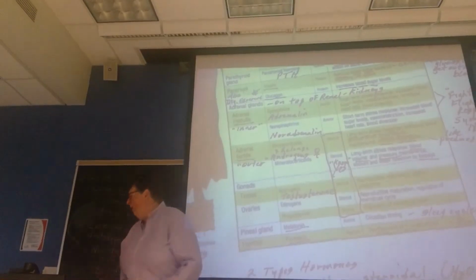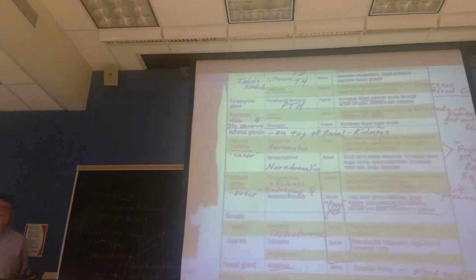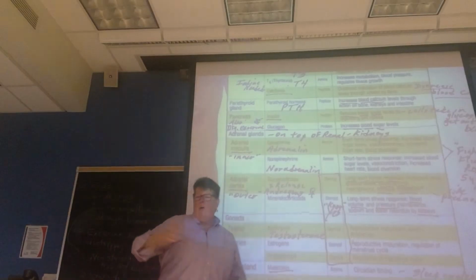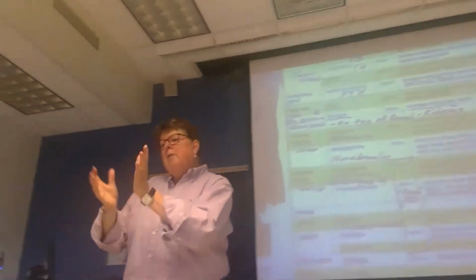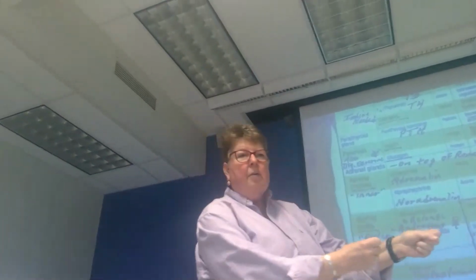Insulin reduces blood sugar by causing the cells of the body to take up glucose. So if it's taking the glucose out of the blood and causing the cells to take it up, for what process?